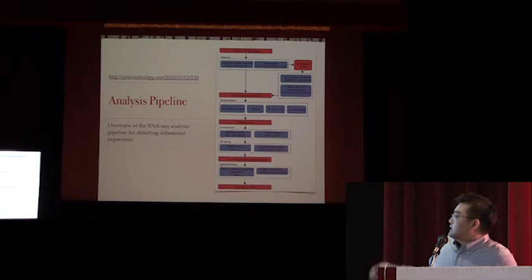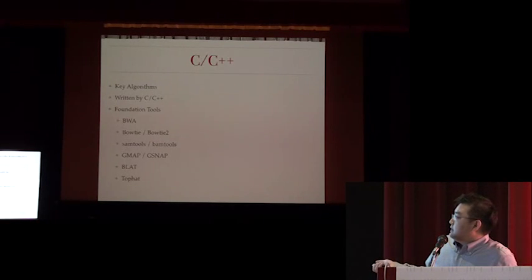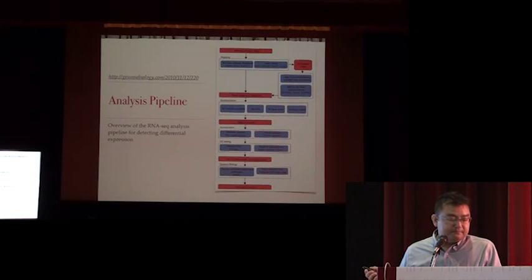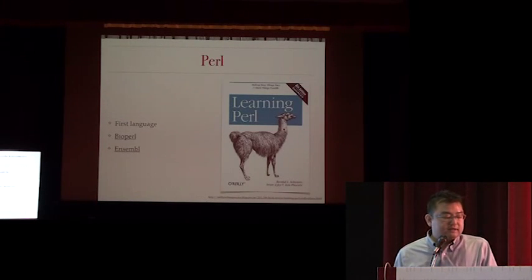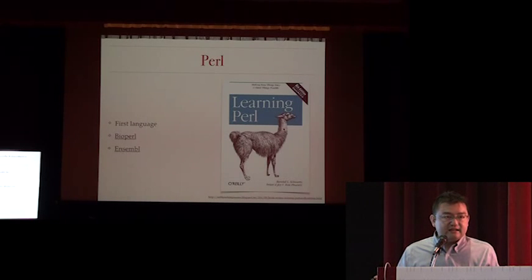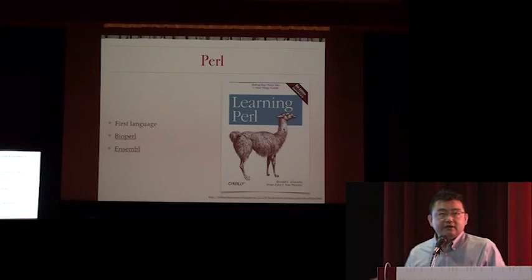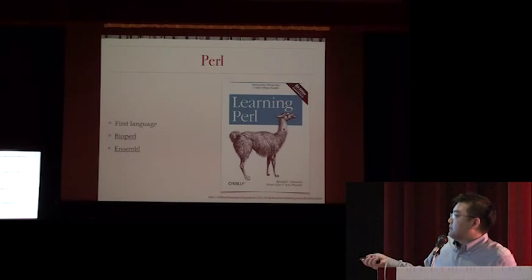But besides the C language tools, we need some scripting language tools. Okay, Perl is a very old language used in bioinformatics for at least the previous decade. BioPerl is a very famous module for bioinformatics using Perl. Ensembl is built on BioPerl.